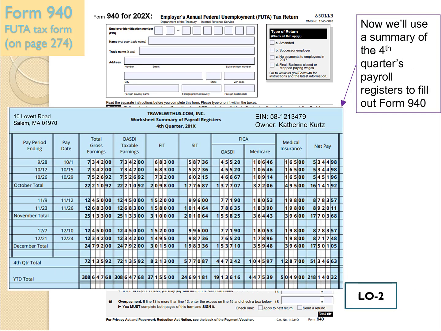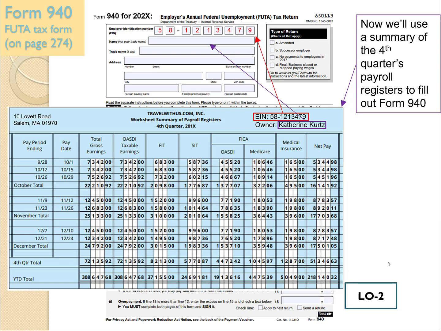We're going to start at the top of the form, and notice it wants the EIN, the Employer Identification Number. We have that on the summary of the fourth quarter's payroll registers. The EIN is 581213479.